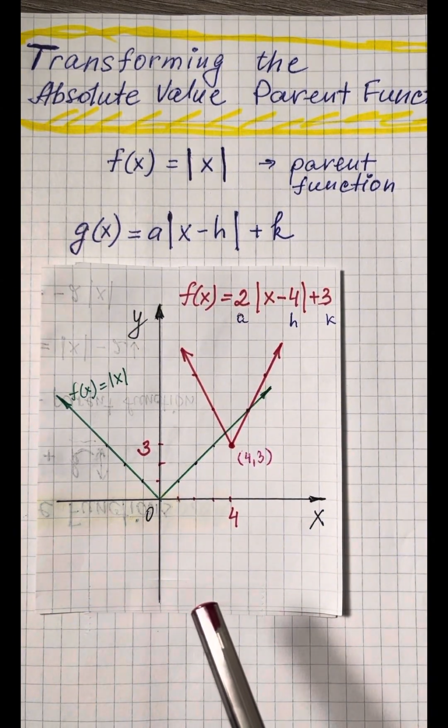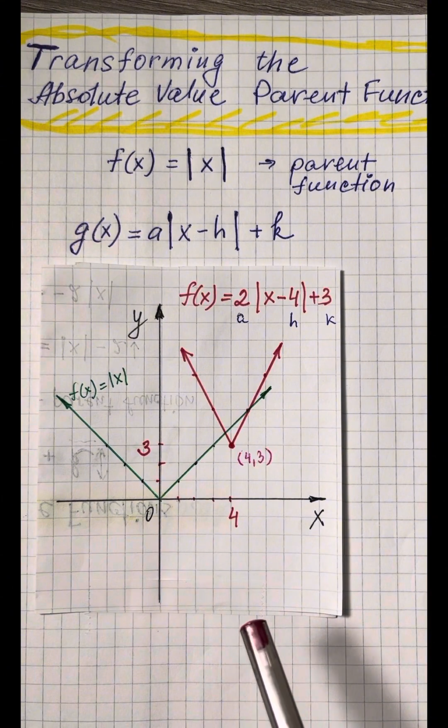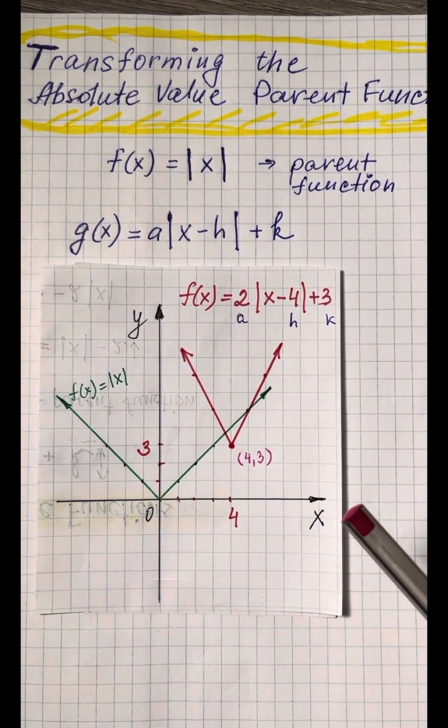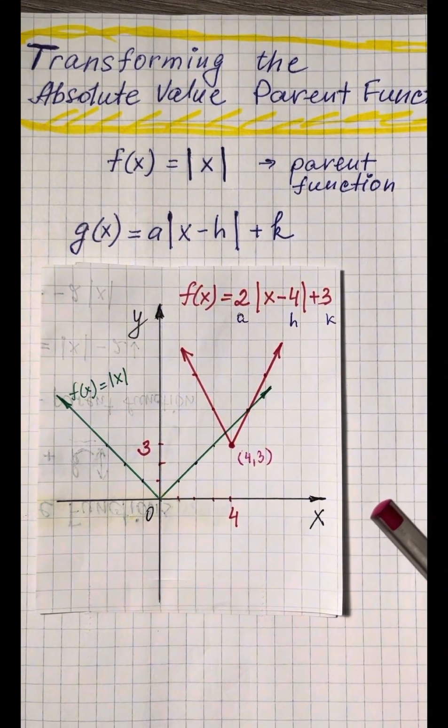We're talking about a vertical stretch by a factor of 2. Sometimes you can see those words, but what you have to understand is that it is narrower or wider. Those words you will see applied in some assignments at school. You can see shrink or stretch, and that is pretty much narrow or wider.